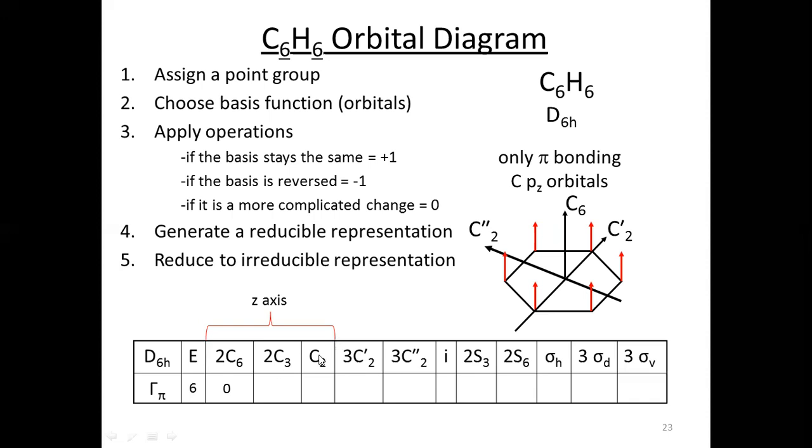So again, whenever I rotate this molecule about the C3 axis, which is coexisting with the C6, the orbital at position one will move to the third, the third will move to the fifth, and in the same way the 2 moves to the fourth position, and so on. So all the orbitals are changing position. Again, it will be 0.